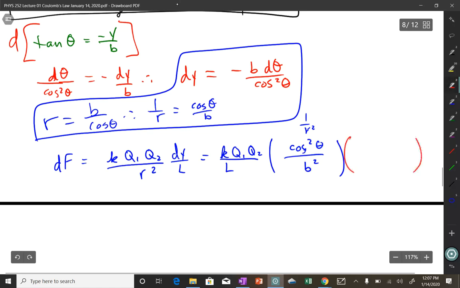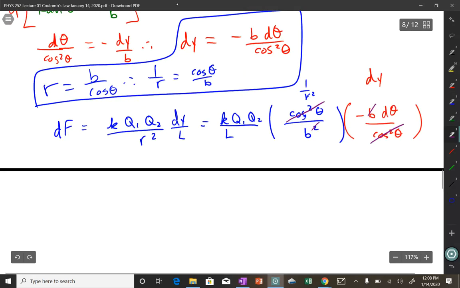And then this here is going to be the dy, which is minus b d theta over cosine squared theta. So you can get rid of a b, and I can get rid of cosine squared theta, and so then you're left with negative b d theta over b squared. Okay, I'm going to need to write this down.